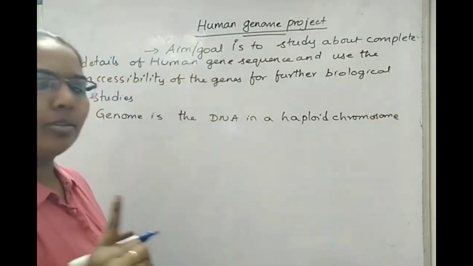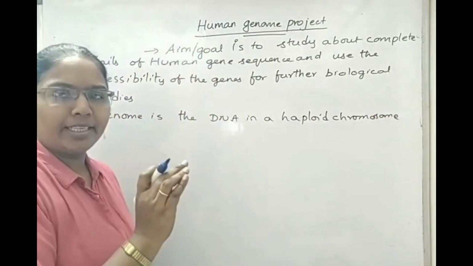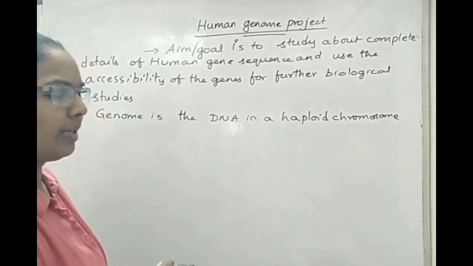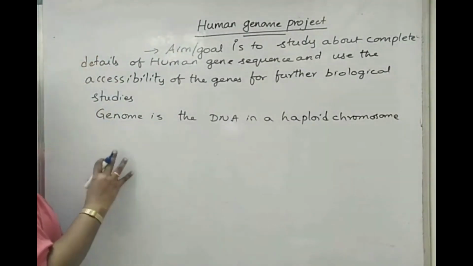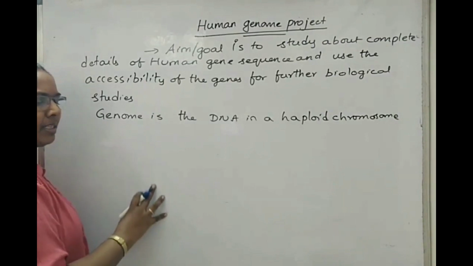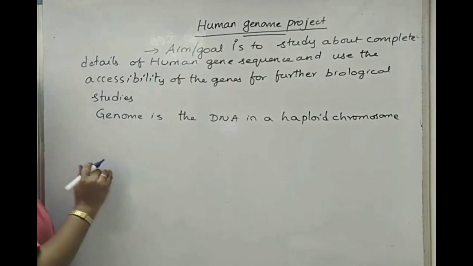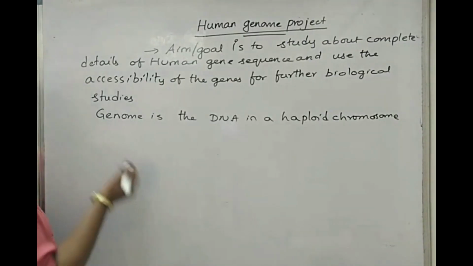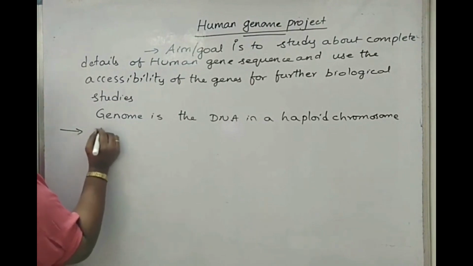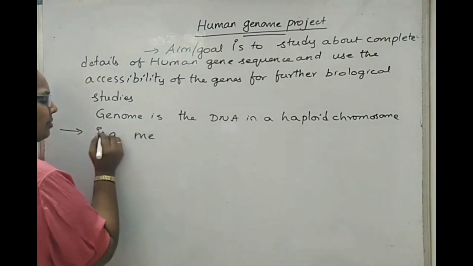It means that by taking one chromosome out of the pair and separating the DNA, that DNA we give the term genome. The complete study of one chromosome can give us the detailed study of the remaining chromosomal gene sequence also. This Human Genome Project is a mega project.